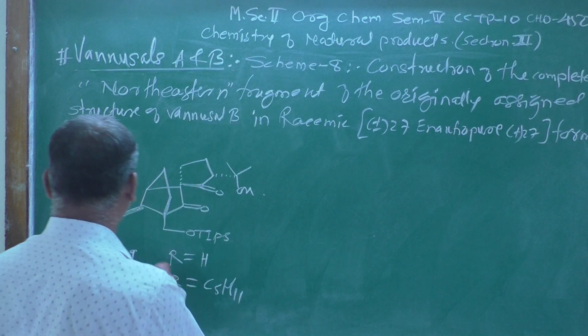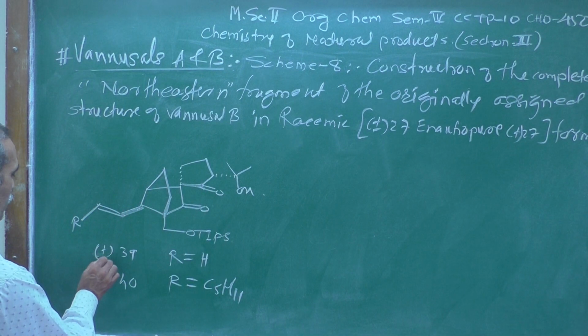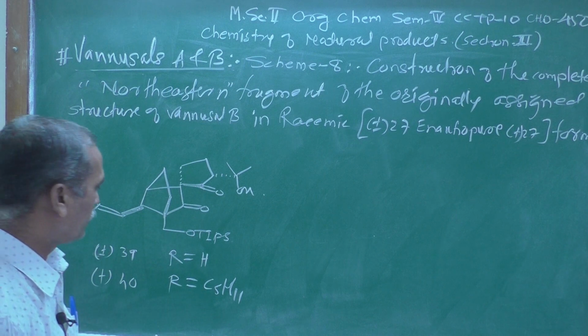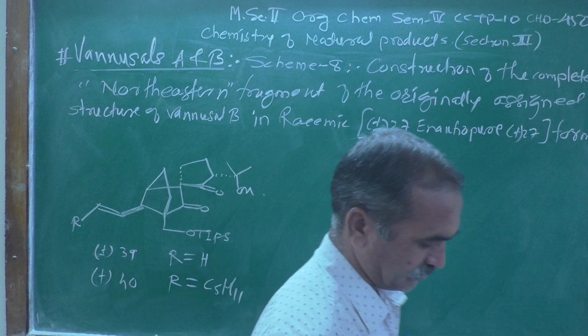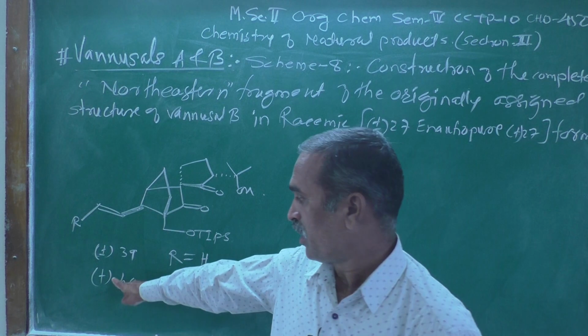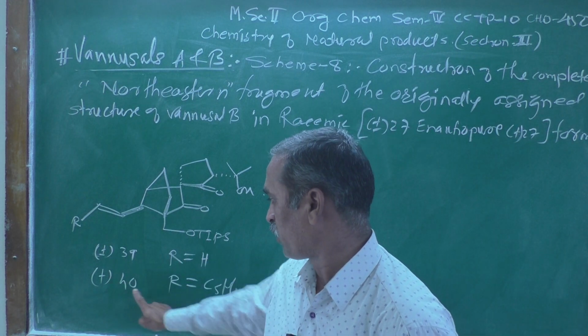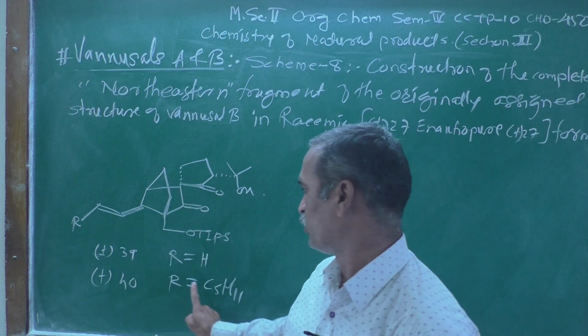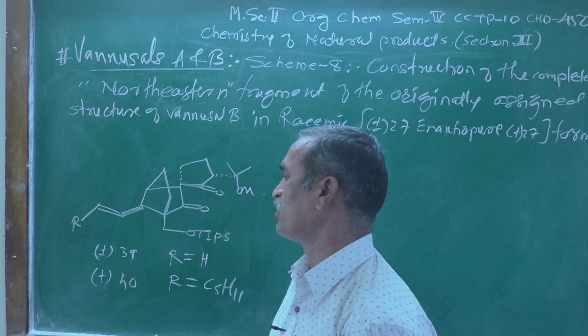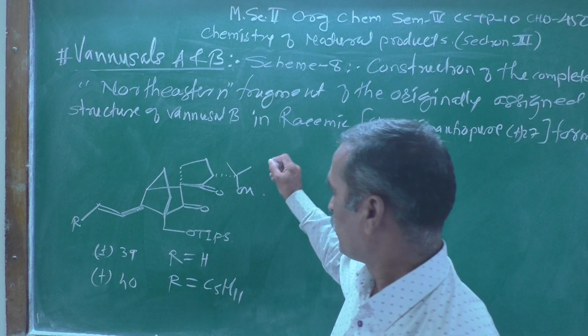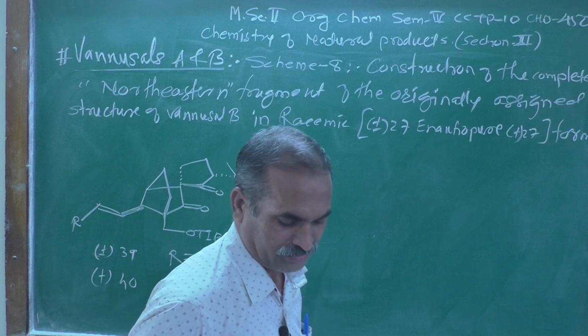Here is a racemic mixture, plus-minus racemic mixture 39, which we have taken if R is equal to H, and dextrorotatory 40 when R is equal to C5H11, and this is the molecule.